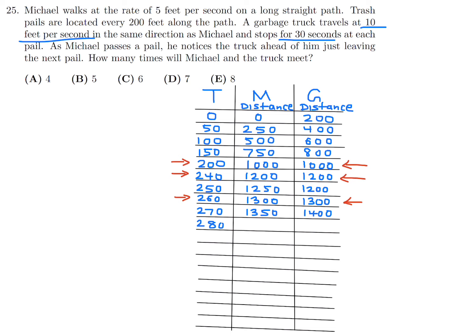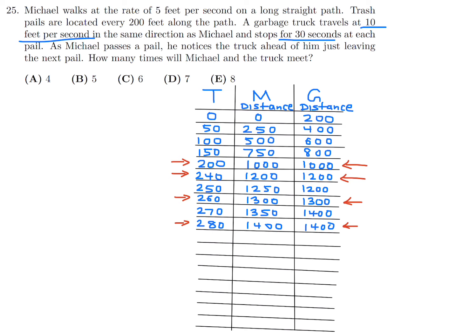How about 280? At 280, we've got 1400, and we've got 1400, because remember, the first 20 seconds the garbage truck is moving, so it's moving from 250 to 270, but then from 270 to 300 it stops, right? Those 30 seconds. So there we go. We got another meeting point right here at 280 in terms of our cumulative time.